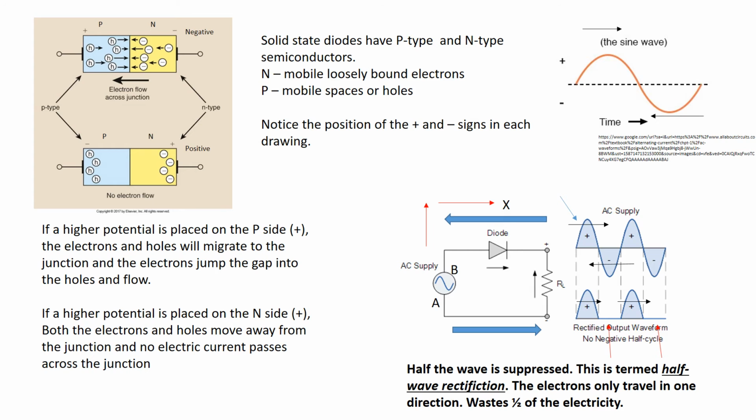Let's take a look at the drawing down at the bottom on the right. Okay, I want to kind of help you to understand this by means of a diagram. Let's start with electrons flowing where it says AC supply.